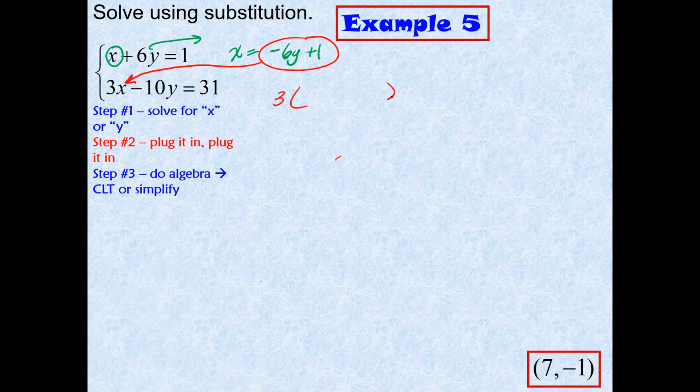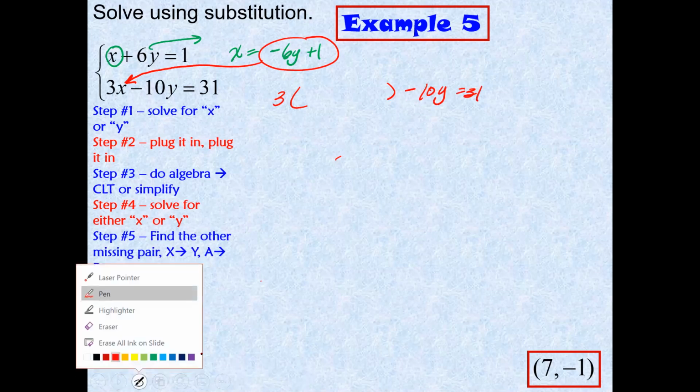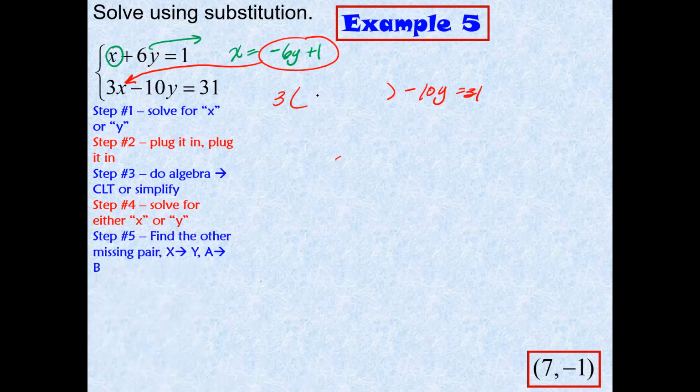So I have 3 times, parenthesis, minus 10y equals 31. You're going to replace the x with a negative 6y plus 1. And of course, you will have to distribute that. So that's a negative 18y plus 3 minus 10y equals 31. Combine your like terms.